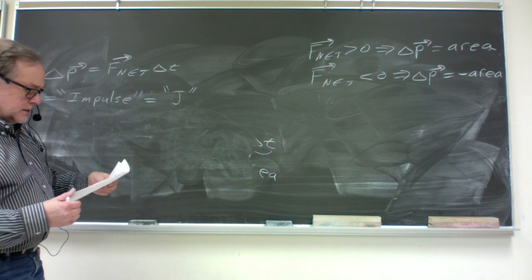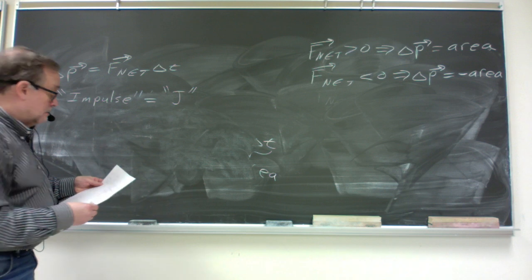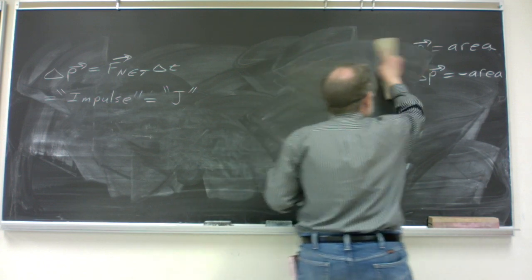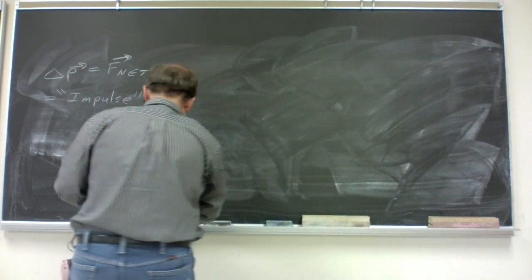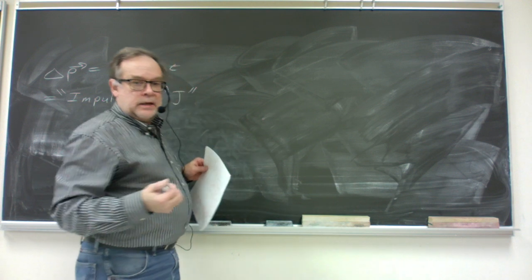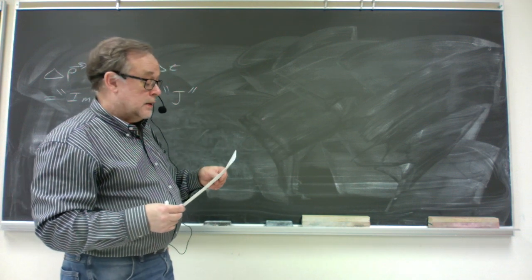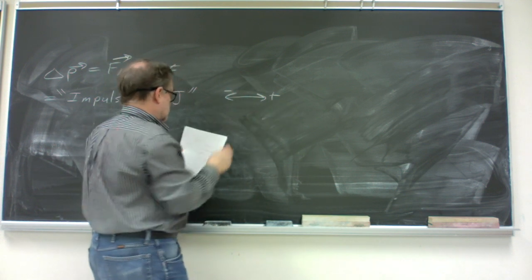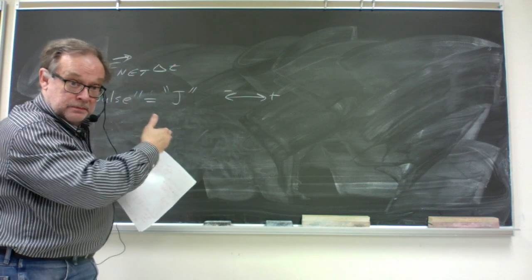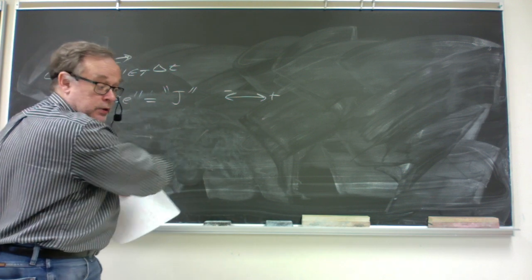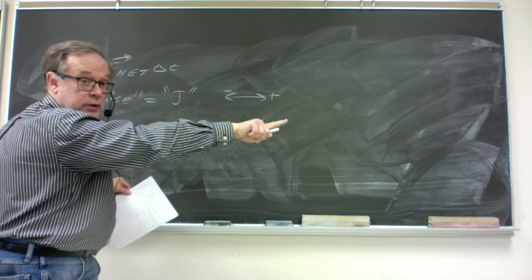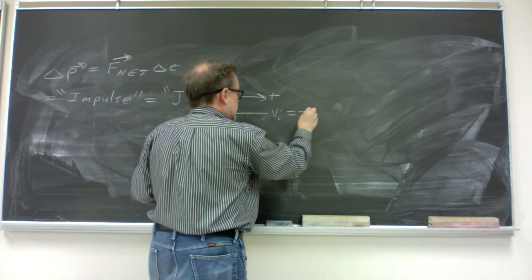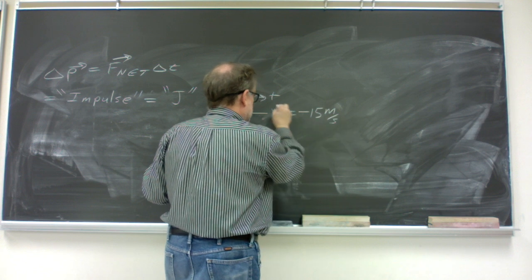Okay, let's look at an example of how all this stuff works. Let's say I'm hitting a tennis ball, and the ball starts out moving in the negative direction, and then after I hit it, it'll be moving the opposite way in the positive direction. So its initial velocity, let's say, is minus 15 meters per second.